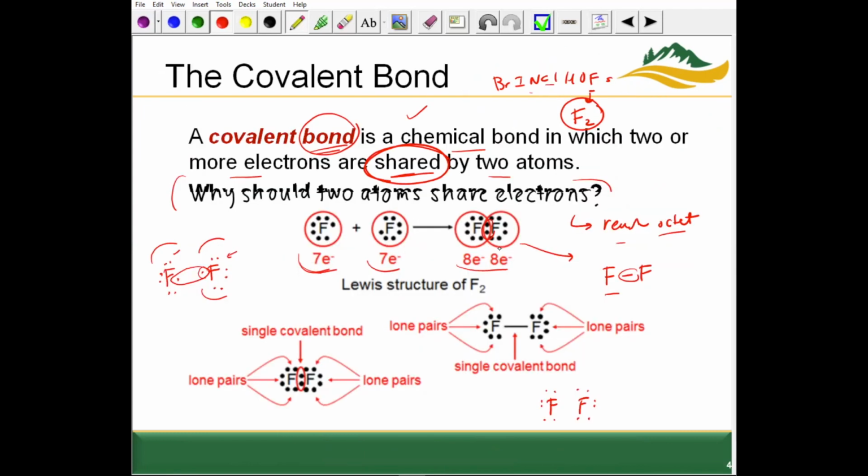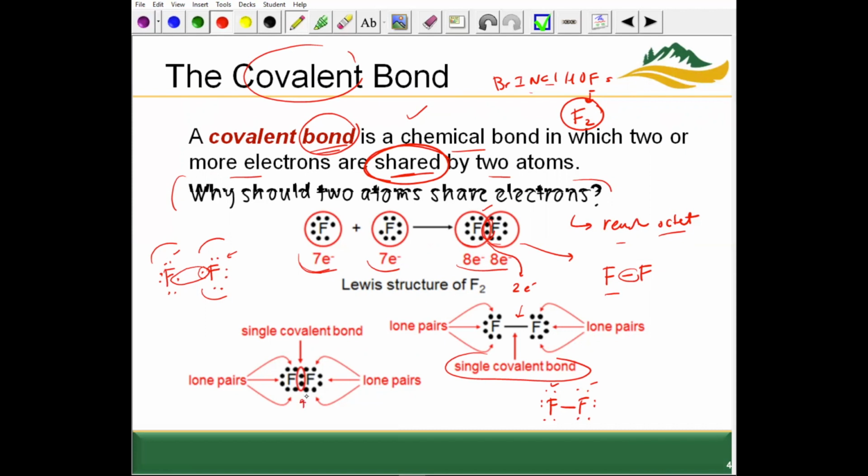So something we'll see soon is that fluorine F2 can be represented like this, so 2 fluorine atoms sharing that pair of electrons. It turns out that that sharing of electrons is equivalent to a bond, a covalent bond between those 2 atoms. So this is a single covalent bond between the 2 atoms. Within that bond is really just the 2 electrons that the 2 fluorine atoms are sharing between themselves.